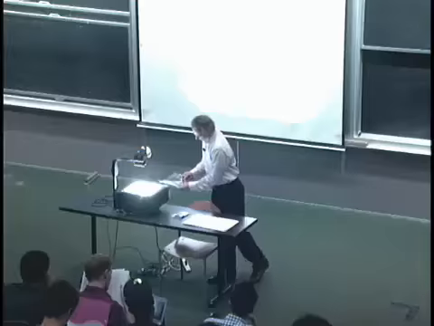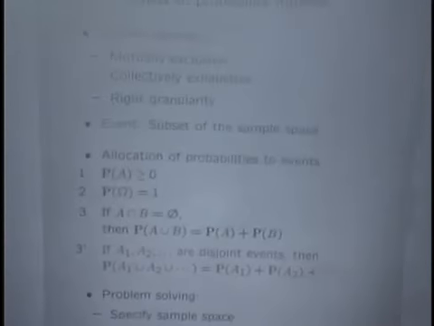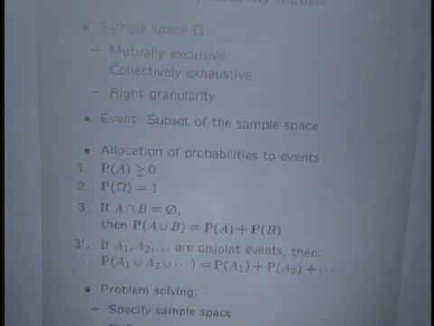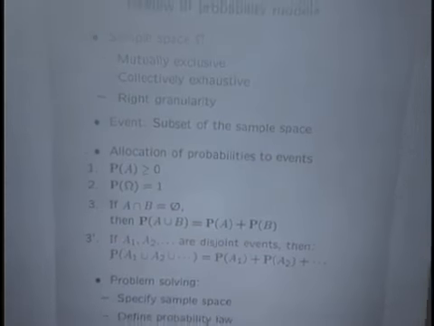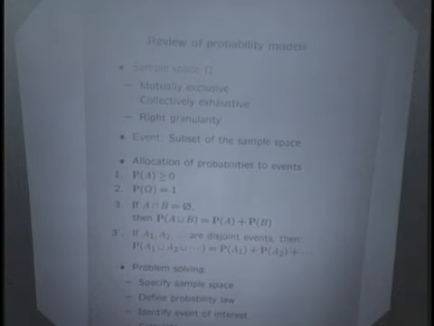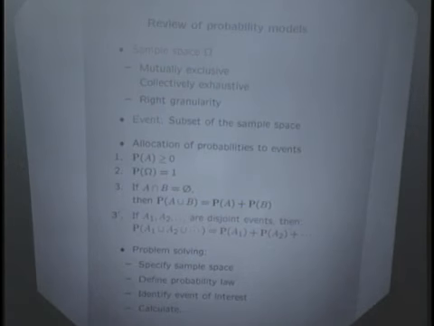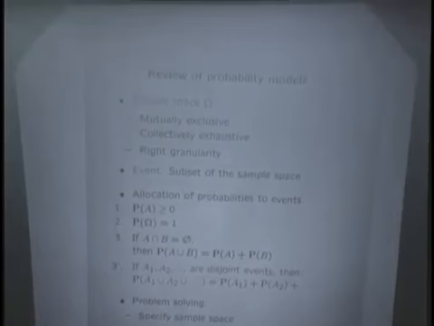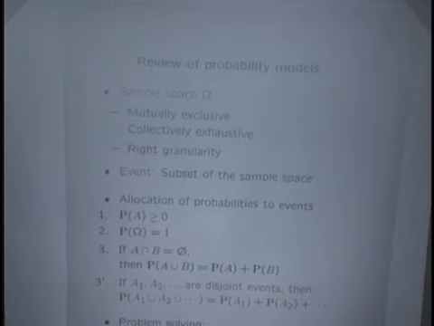So, our quick review. In setting up a model of a random experiment, the first thing to do is to come up with a list of all the possible outcomes of the experiment. So that list is what we call the sample space. It's a set, and the elements of the sample space are all the possible outcomes. Those possible outcomes must be distinguishable from each other.